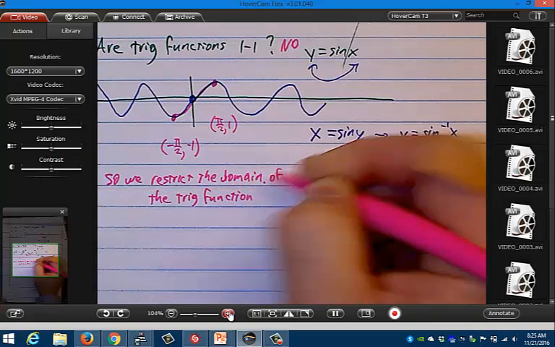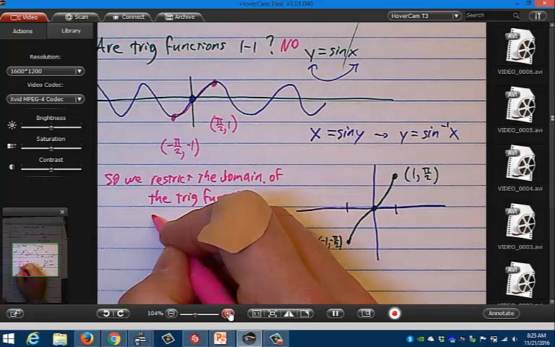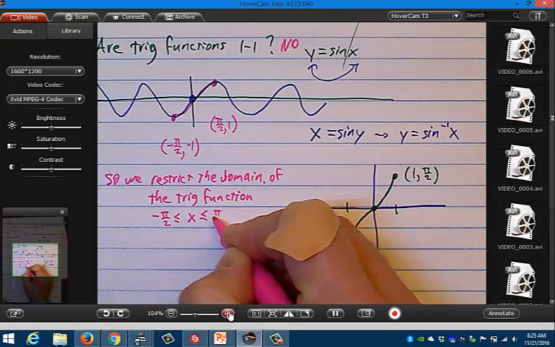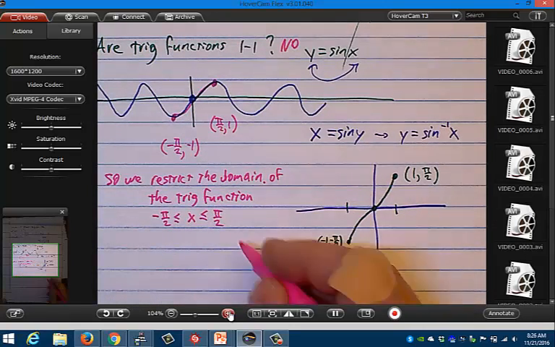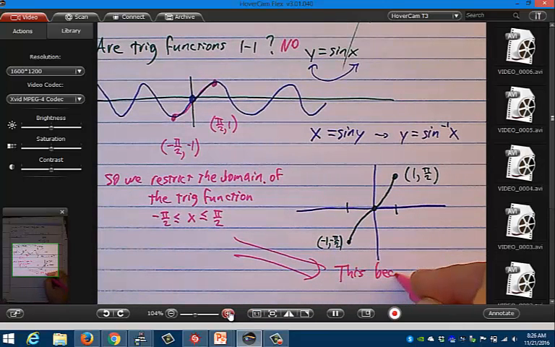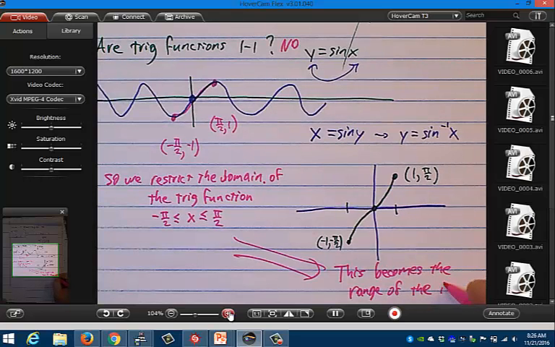And so what we did was we said negative pi over 2 less than or equal to x less than or equal to pi over 2. And I guess what I should say is this becomes the range of the inverse trig function.